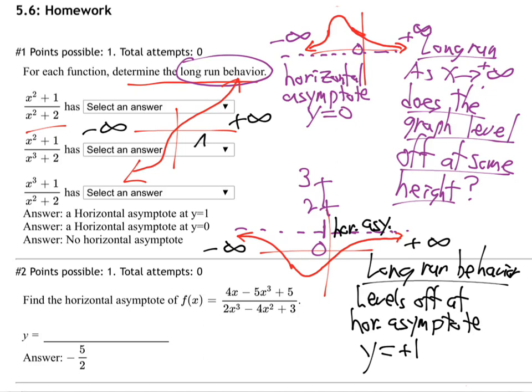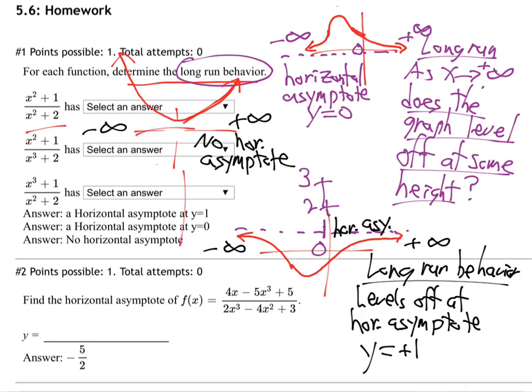This would have no horizontal asymptote. That one does not level off. It just goes up forever to the right, down forever to the left, or it could be like a U-shape, right? What do U-shapes do? They just go up forever in both directions.